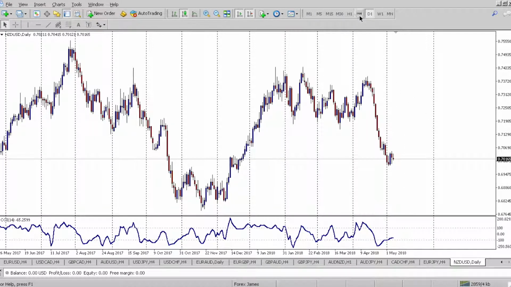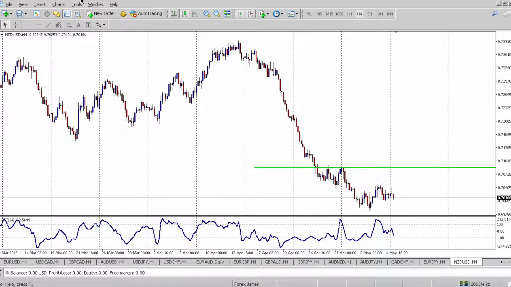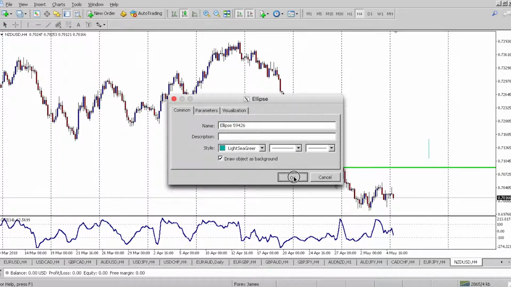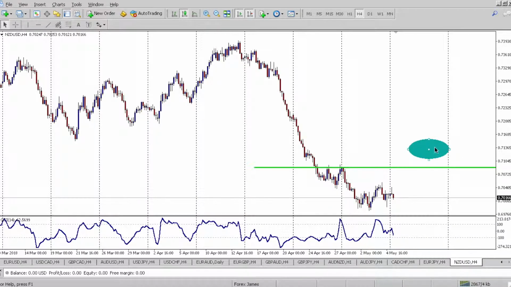It may go up to this point here, form a range. So should price go up and touch this green line, I'm going to look for sells. It's similar to the Aussie, so I'm going to look for buys too, just up to this point here.